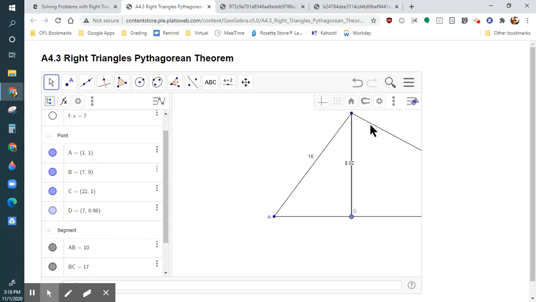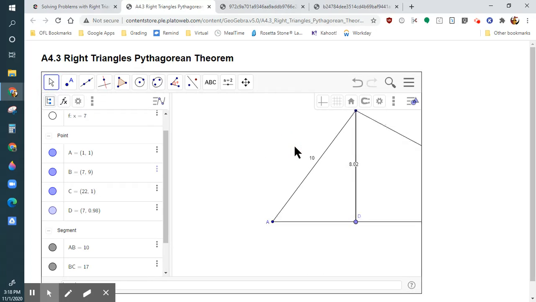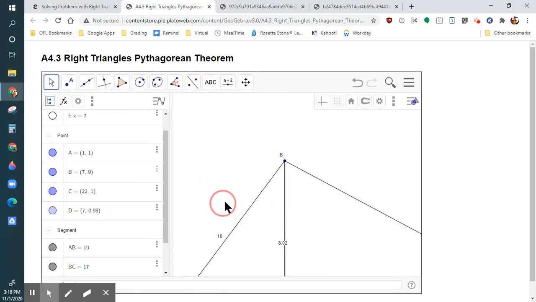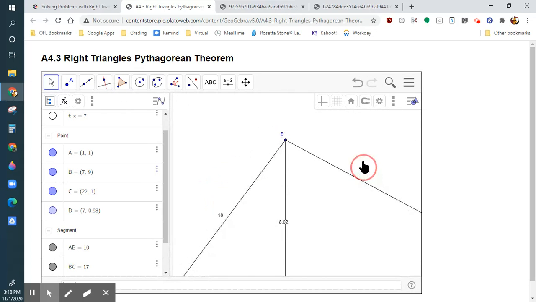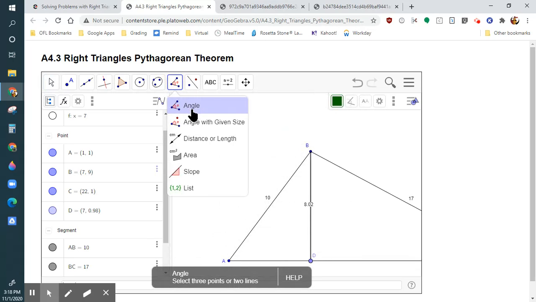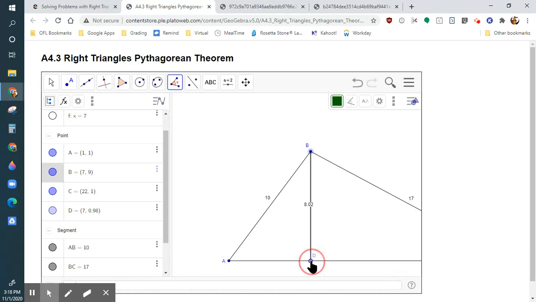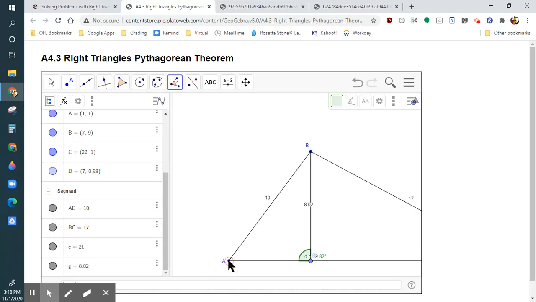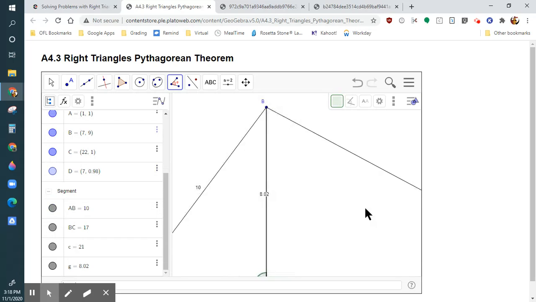Yeah, that's a point. I don't know why it is being so difficult. Angle. There we go. I don't know why that was so hard.